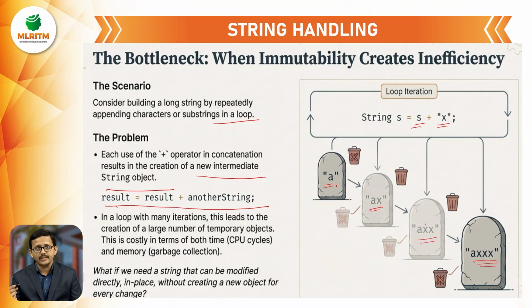So what happens in this case? In a loop with many iterations, this leads to the creation of a large number of temporary objects. Obviously they are temporary because once changed, they go for garbage collection. This is costly in terms of CPU time. The CPU cycles increase because we are always creating a new object, not modifying the existing one.